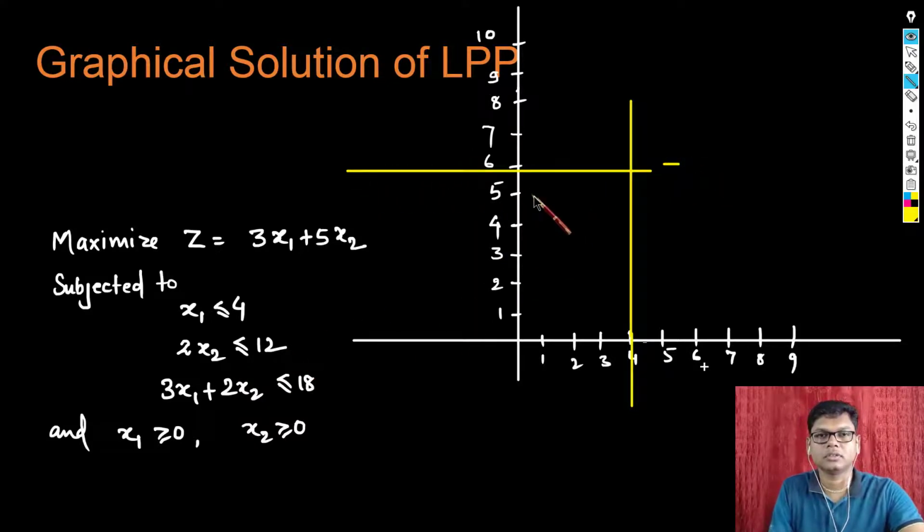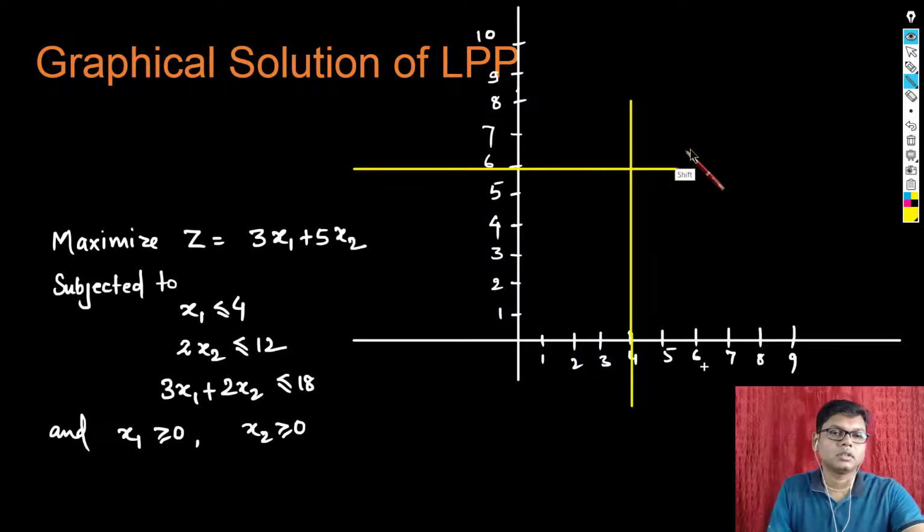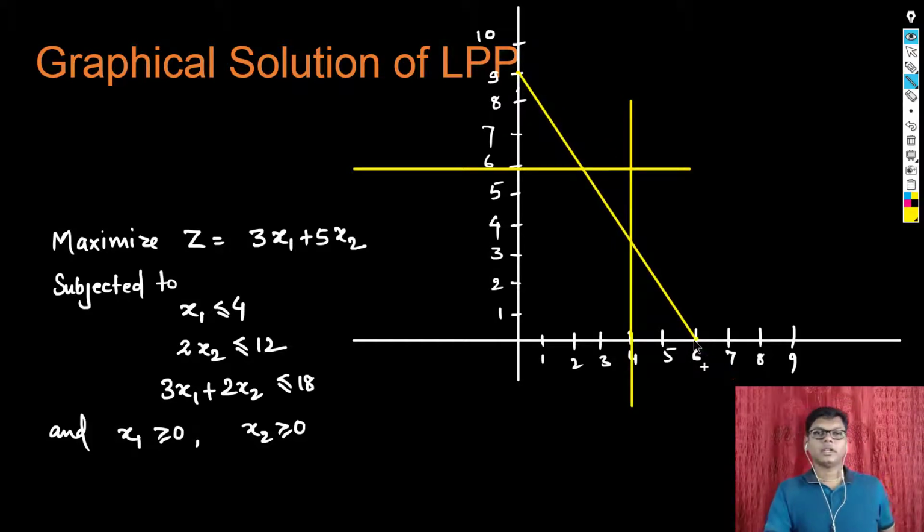Then how will we draw the line 3x1 plus 2x2 equal to 18? When x1 is 0, x2 will be 9, so this is a point. And when x2 is 0, x1 will be 6, so this is the point. Just join these points. Okay, this is a line.